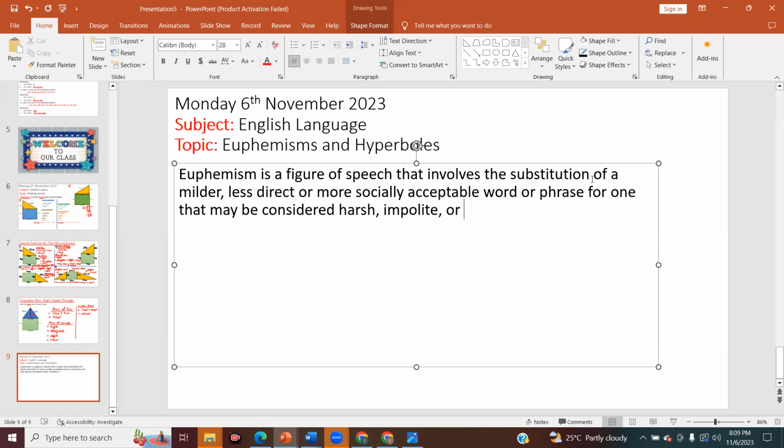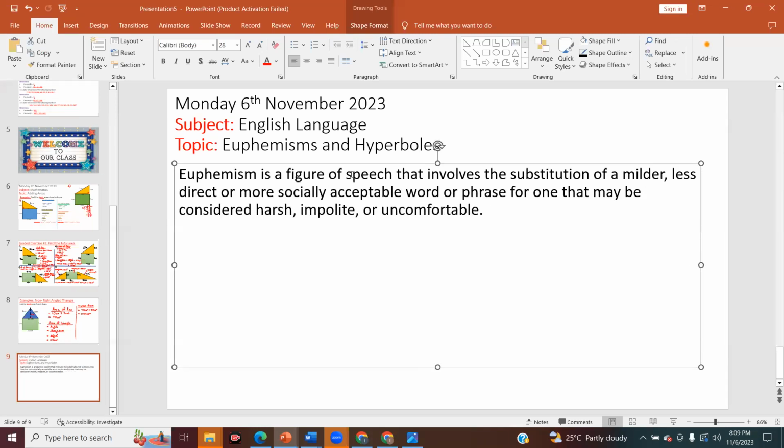That's instead of cursing, yeah, or uncomfortable. That's when people nowadays replace curse words with half of the word, or put a word that means almost the same. That's close.